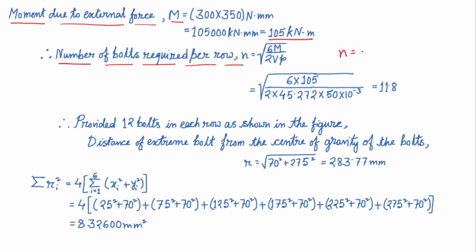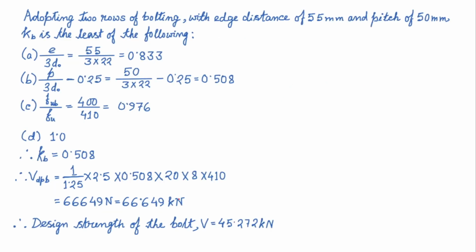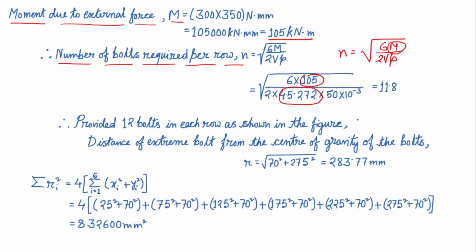Next we have to calculate the number of bolts required per row. So this is n, number of bolts required per row, n equals root over of 6M divided by 2 V p. M is the moment, which is 105. Then capital V is the design strength of bolt, which is 45.272 kilonewton.